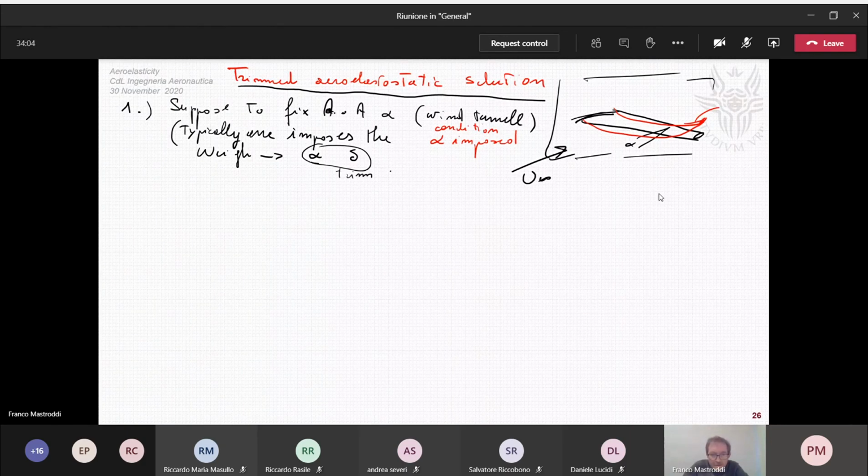At this level 1, we only want to evaluate the deformation after this imposed angle of attack, and this deformation is obtained just imposing alpha and then evaluating the set of Lagrangian variables defining the deformation.